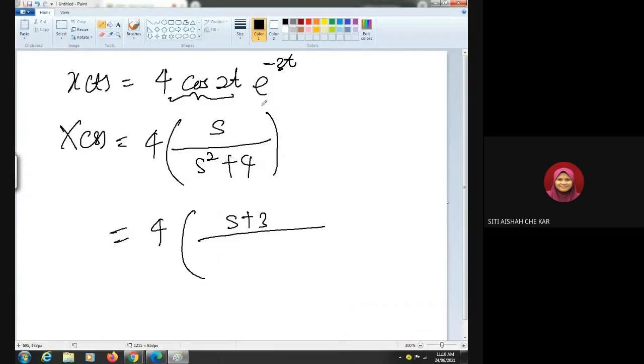So yang bawah ni? S plus 3 squared plus 4. Yes. Okay, good. Okay. Whenever you see S, you have to plus this one. So ni. Okay, saya bagi satu lagi soalan.